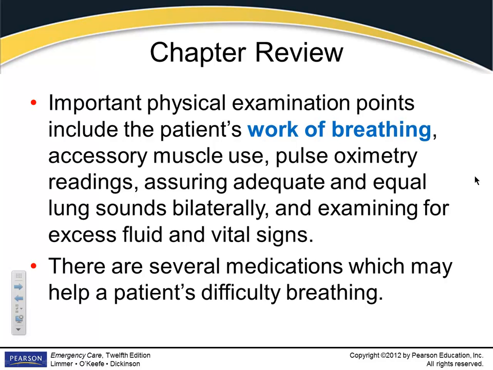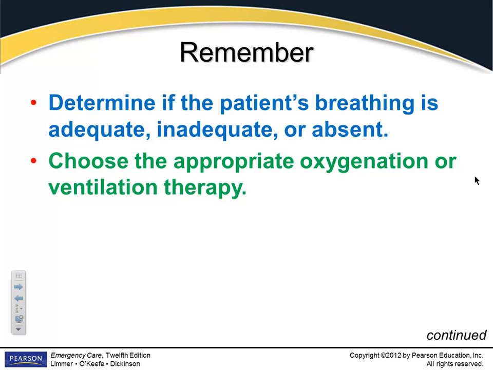They may be on medications. What medication do we deliver to our respiratory distress patients? Oxygen? Yeah, albuterol through a metered dose inhaler in most cases. But we can give albuterol through the nebulizer.